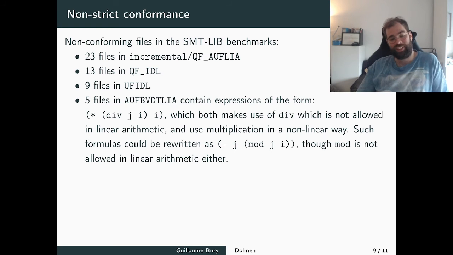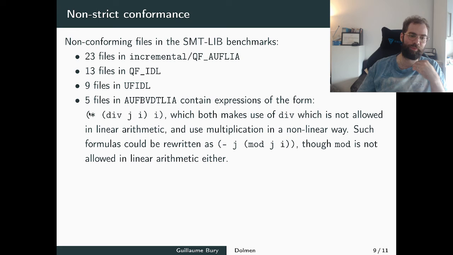Now we get to files that have problems with linearity. We have files which express some kind of rounding modulo some integer. So we have variables where you multiply the variable by a division, which could be written as that expression using modulo.